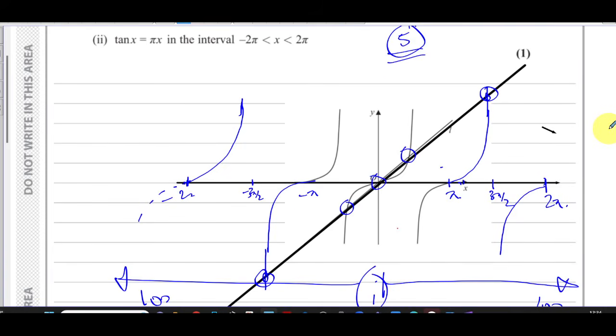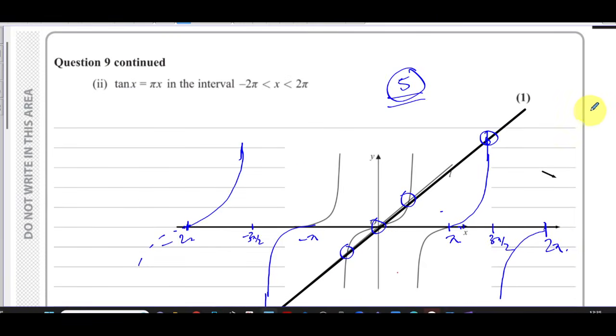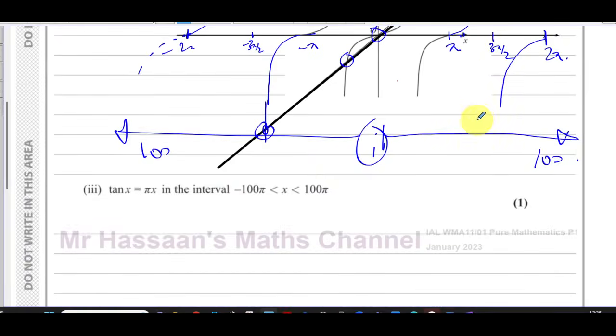And the same would go all the way from minus 100 pi up to 100 pi. So you have 100 to the left, plus 100 to the right, and then you have the one in the middle. So the answer is going to be 201 solutions.